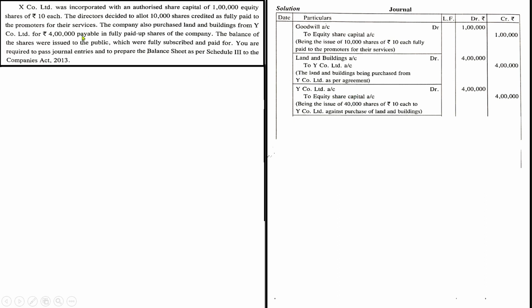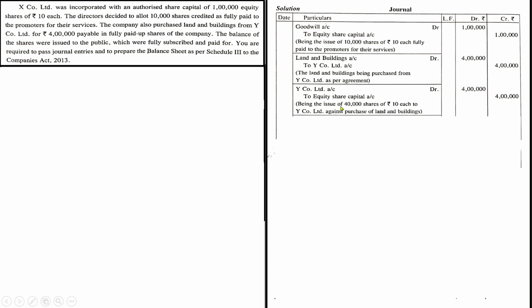4 lakh was the price of the land and building, and the price of one share is 10, so definitely the company might have issued 40,000 shares. So being the issue of 40,000 shares of 10 each to the Y Company Limited against the purchase of land and building.